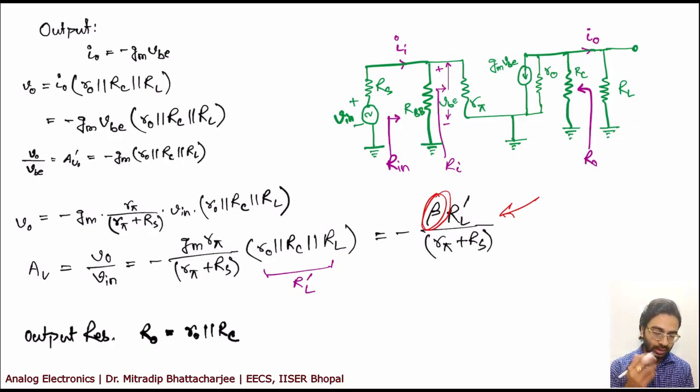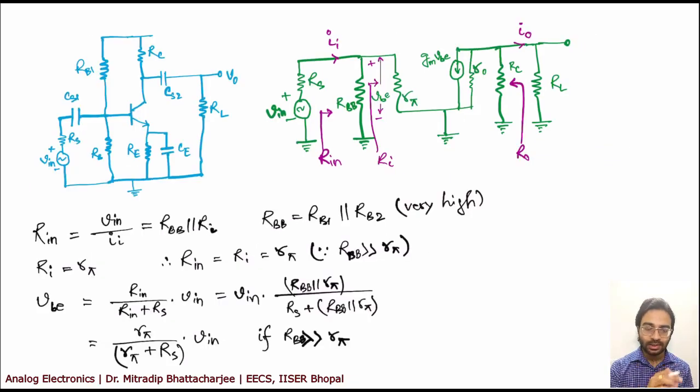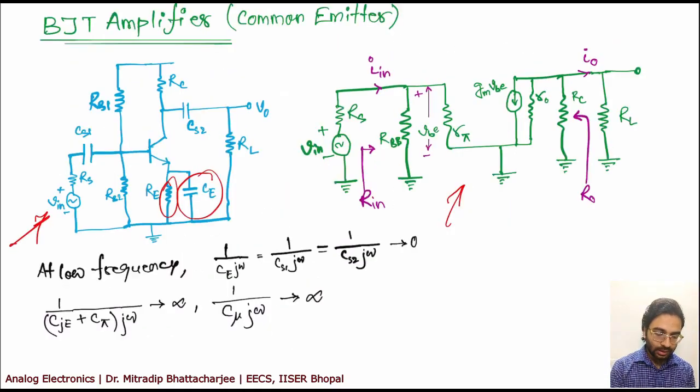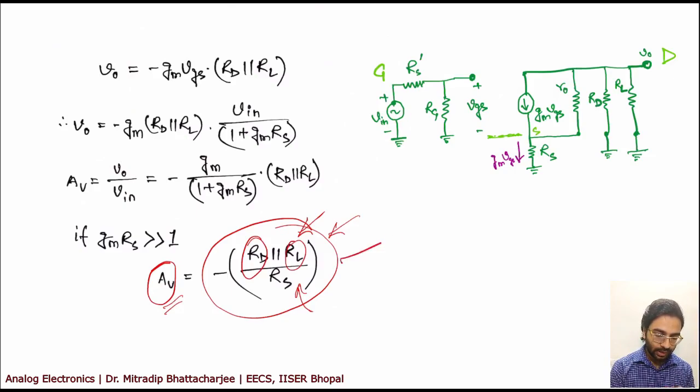If we remove this parallel capacitance from the circuit, similar to the common source amplifier, we can get rid of the parameter beta, and the gain will be the equivalent one for the BJT. A similar expression can be derived.